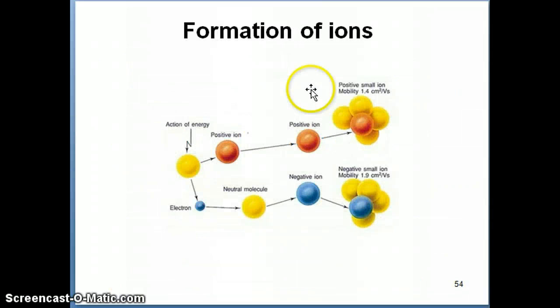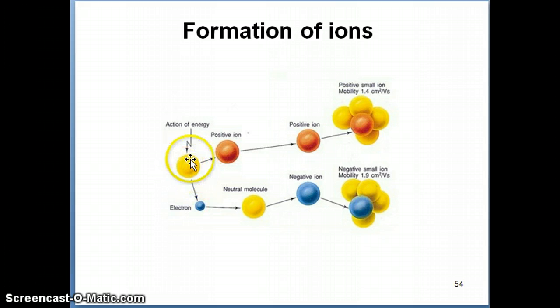Here's a quick picture to show how that happens. Let's say you have a neutral atom originally, shown in this yellow illustration here, and then some kind of energy hits that atom. It could be an X-ray, it could be light of a certain wavelength, which is what an X-ray is, but it could be some other source of energy that basically knocks the electron off this atom. The electron is then floating here, right?